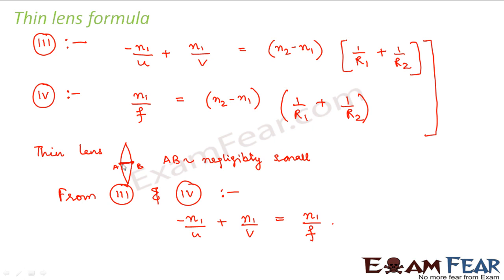Because we are assuming that this width is extremely small, we can say that 1 by v minus 1 by u is equal to 1 by f.